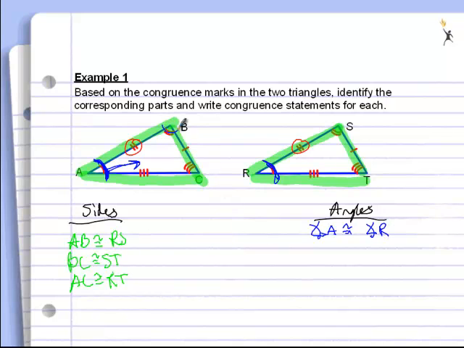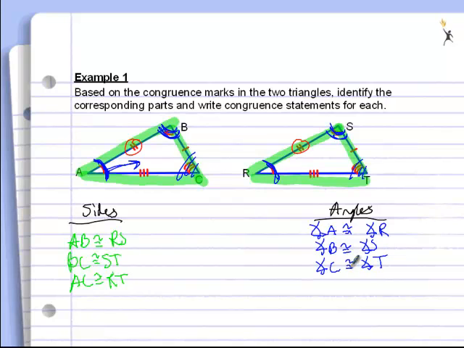What about angle B? Angle B is congruent to angle S. They both have two congruency marks, and they both project down in their triangles. Well, process of elimination says that angle C is congruent to angle T.